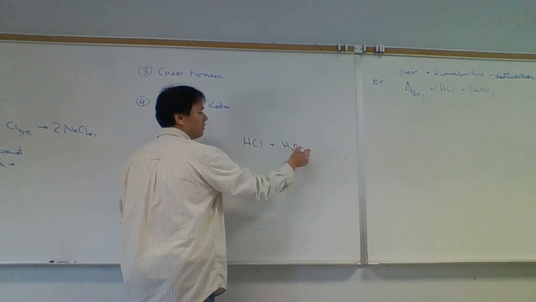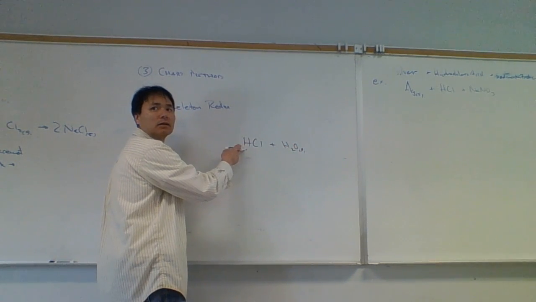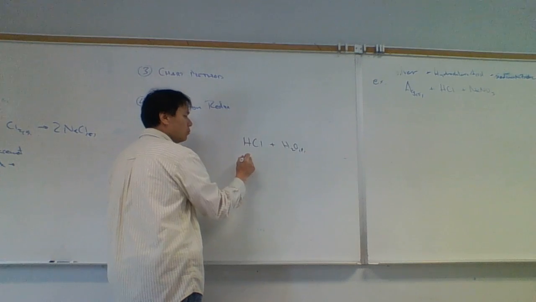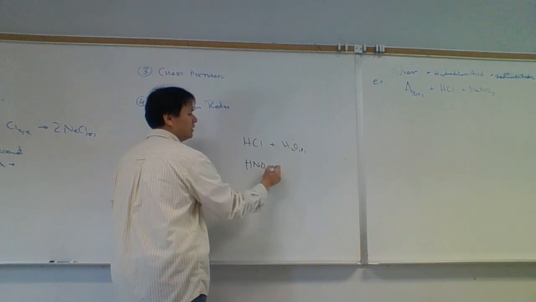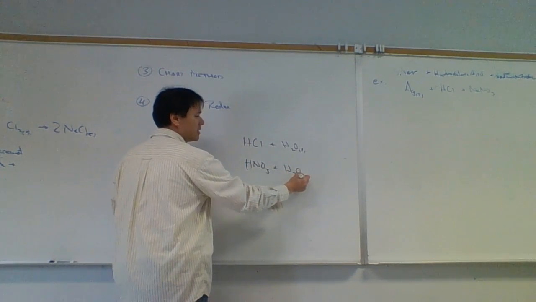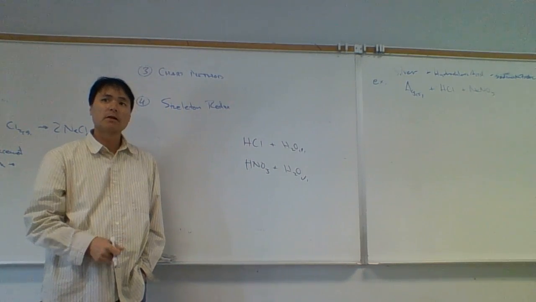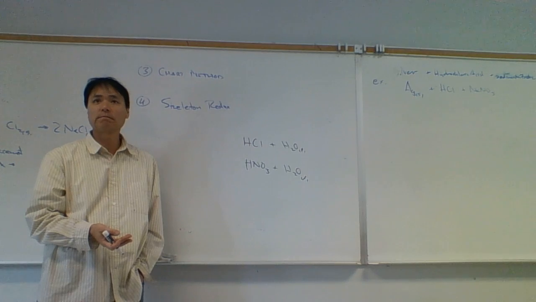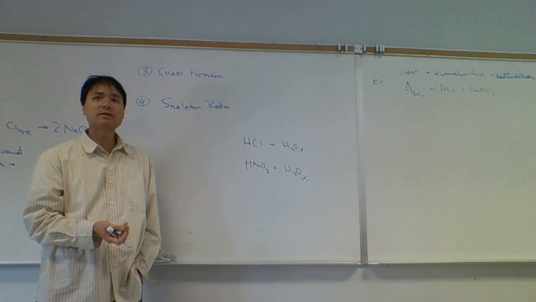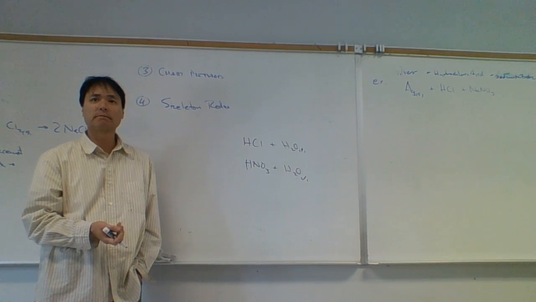Water has to pluck off the hydrogen here. So the hydrogen is the apple. Water is the picker. This is a Bronsted acid-base reaction. Which one is it going to be easier to pluck?